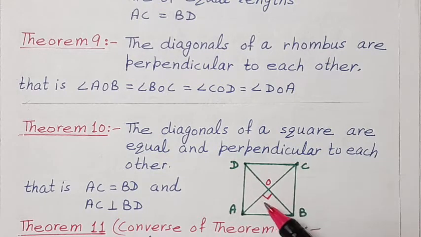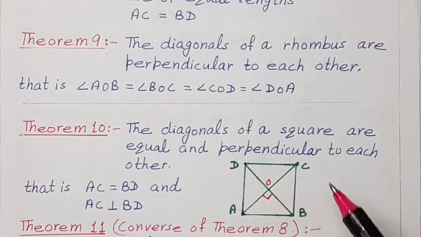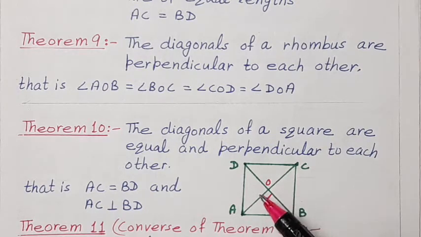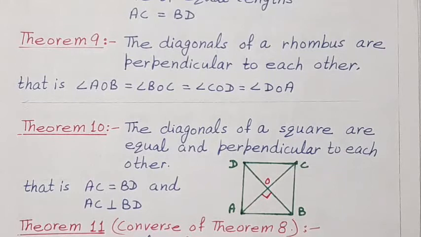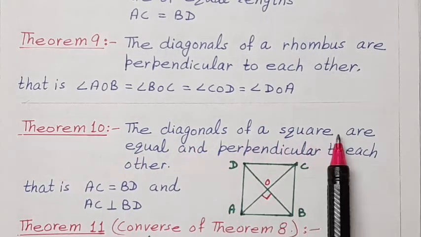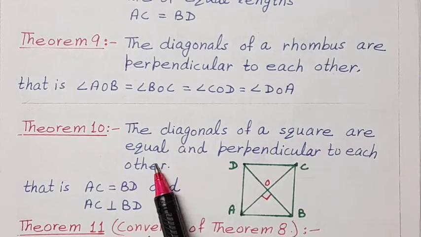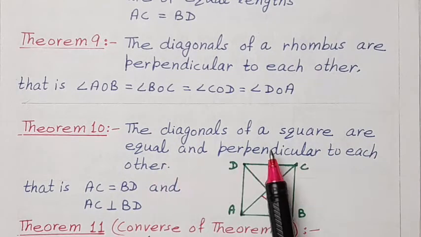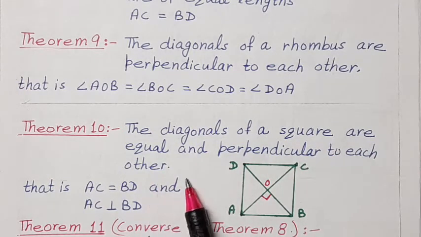So, all angles are of 90 degrees each. Now, this is in case of rhombus as well as in case of square also. Clear? Now, theorem number 10 is, the diagonals of a square are equal and perpendicular to each other.